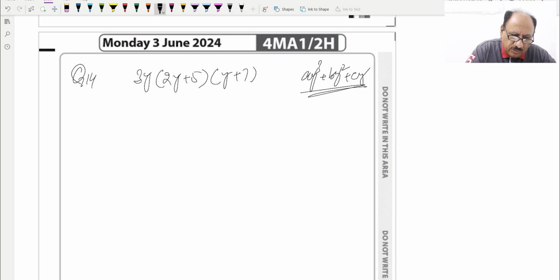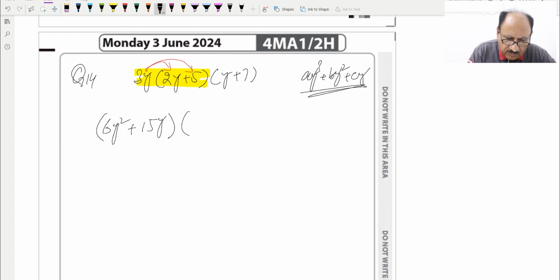So we will be multiplying first these two, and then we will be multiplying the next one. So 3y multiplied by 2y will be 6y square, and then 3y multiplied by 5 will give us 15y. We'll put in brackets (6y square plus 15y), and this one, y plus 7, we will keep as it is. This is our next step.